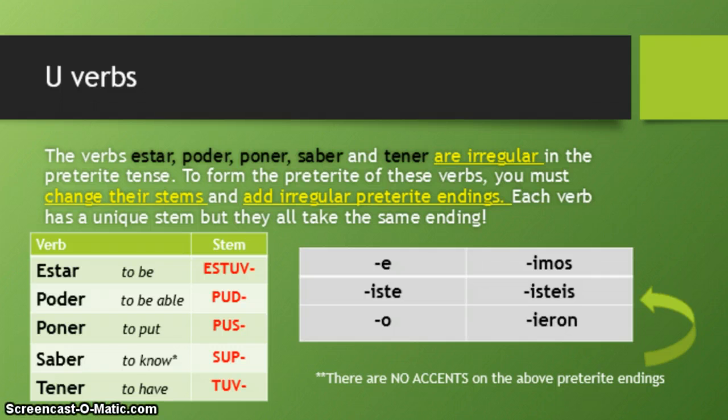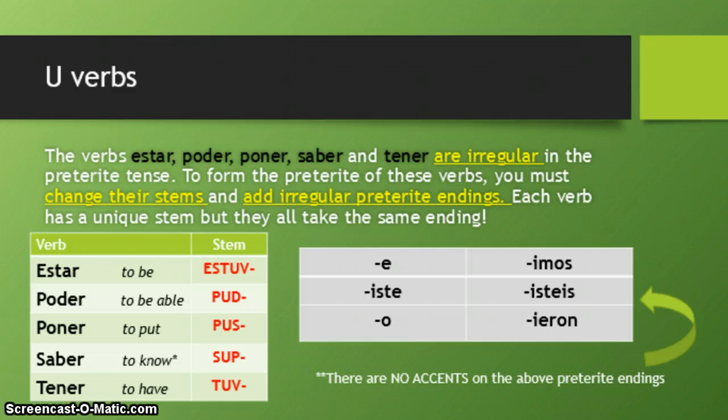After that, we add our endings, but if you'll notice, since I have a mix of AR and ER verbs, I have completely different endings than we saw when we studied our regular verbs. So we do need to memorize these endings as well. What's nice is they all have this unique stem, but they all take the following endings I have listed.